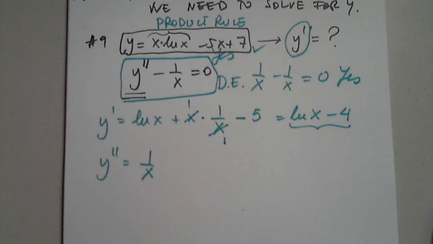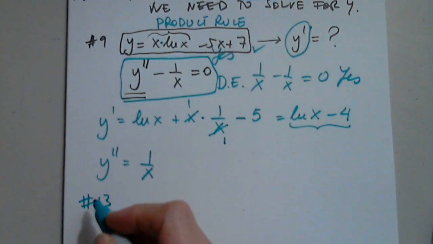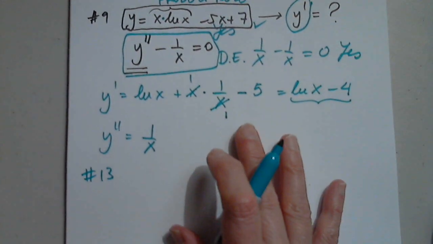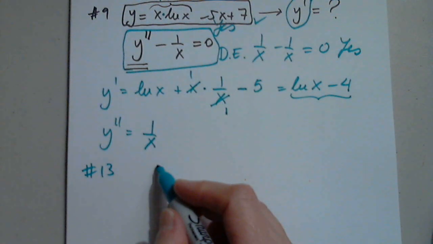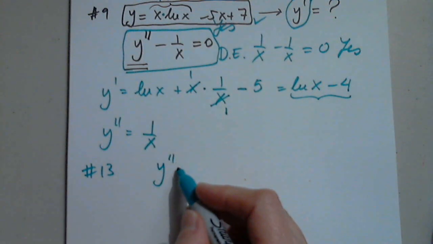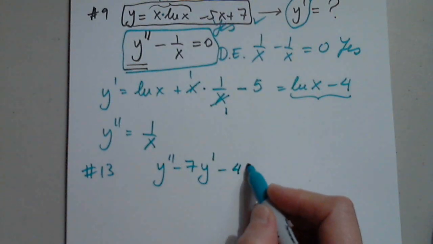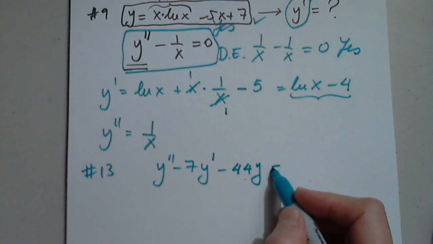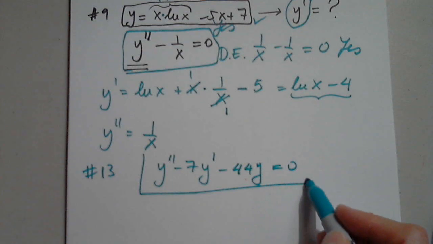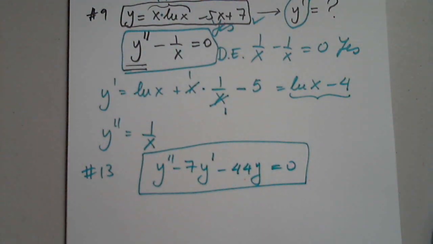I'm happy with one of these, A or B. So if we look at 13, which one would you like to work on? The given equation is the second derivative of y minus 7 times the first derivative of y minus 44 times the function equals 0. This is a differential equation. Which one would you like to work on, A or B?